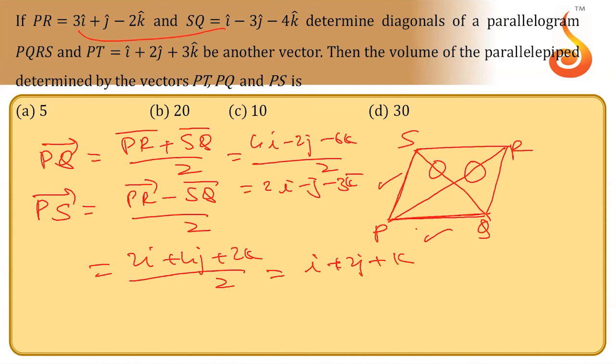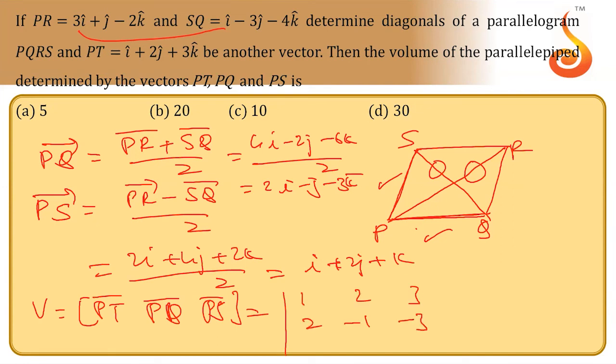Okay, so let us take the volume. Volume is the box product of PT, PQ, PS. That means the first vector, PT, is given: 1, 2, 3. This is 2, minus 1, minus 3. Please check whether I calculated correctly or not.